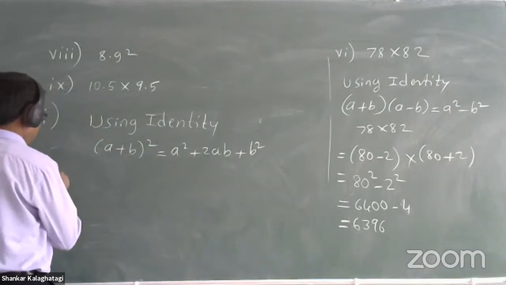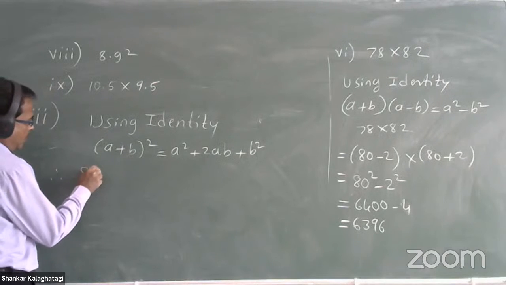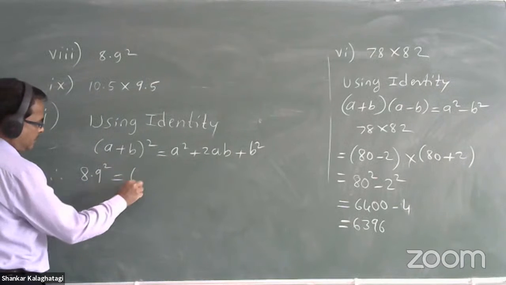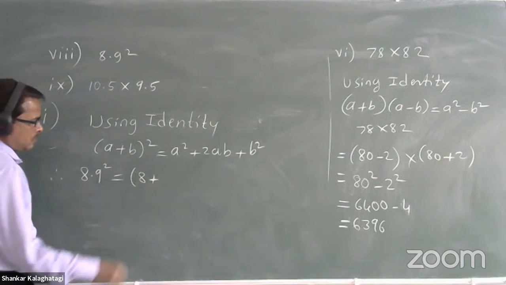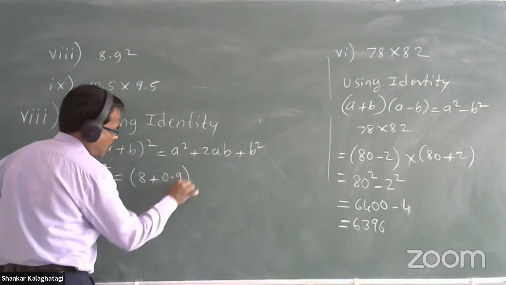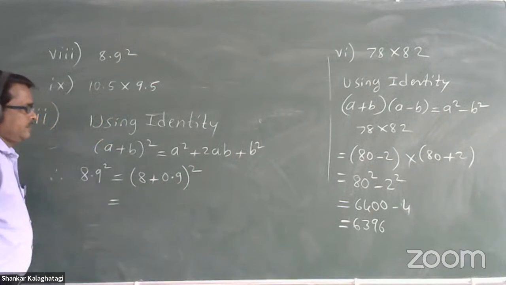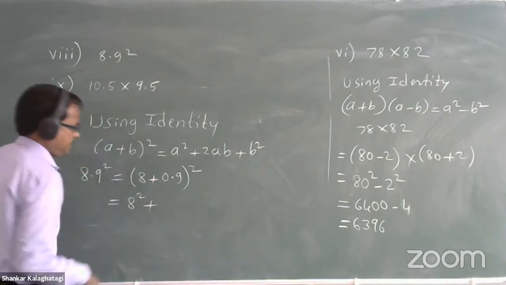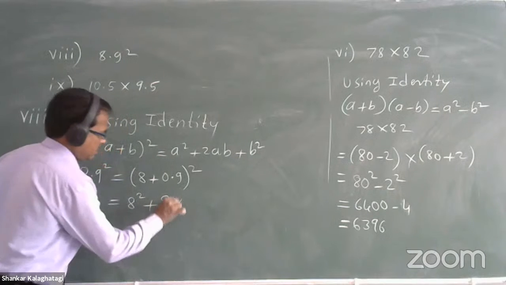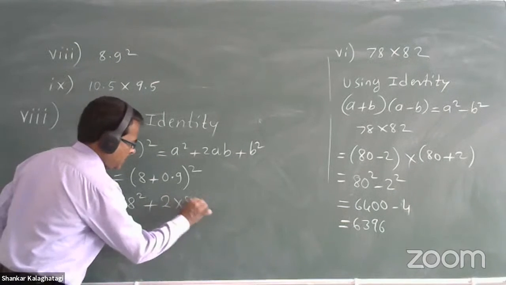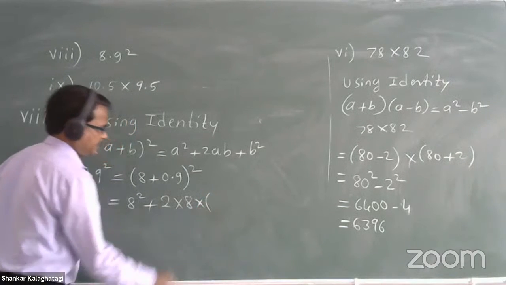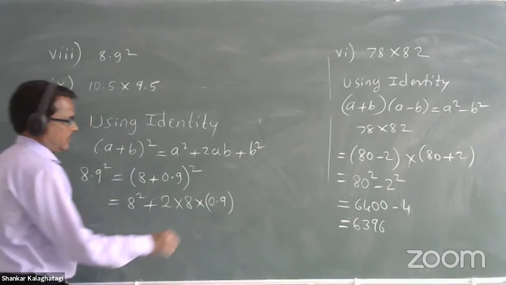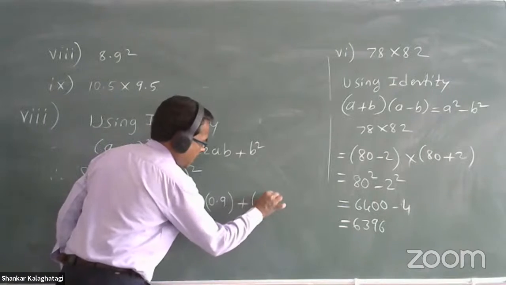Next. 8.9 equal to (8 plus 0.9) whole square, equal to 8 square plus 2 into 8 into 0.9 plus (0.9) whole square.